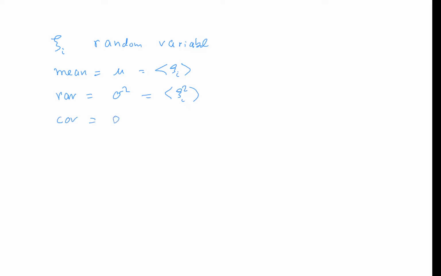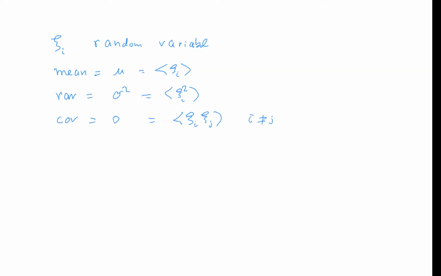Well, I'm going to write down one thing that I want you guys to definitely memorize. Remember, squiggle i is a random variable with mean equal to mu, variance equal to sigma squared, and covariance equal to 0 for i not equal to j.